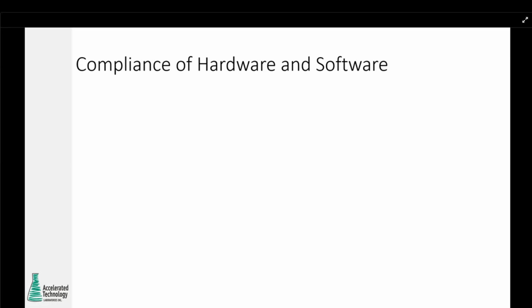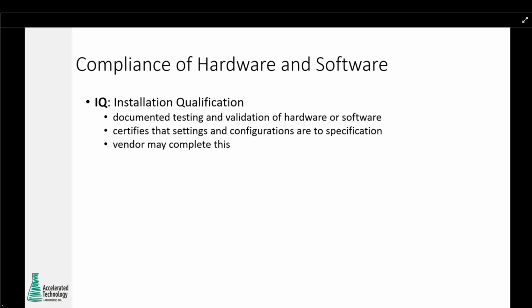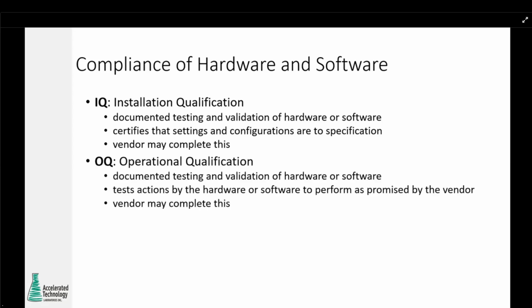Next, we're going to take a look at the compliance of the hardware and the software, the IQ, the OQ, and the PQ. The IQ is the installation qualification, and it's basically documentation that states that the software was installed on the hardware according to the vendor's instructions and that it's been verified and validated. Next is the OQ, or the operational qualification.